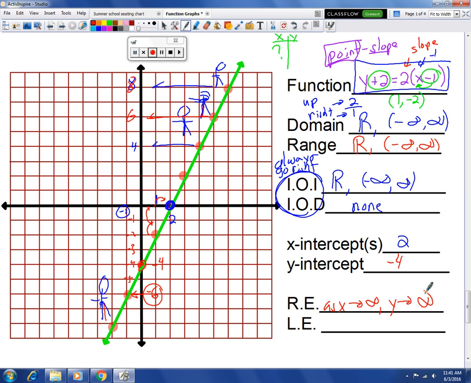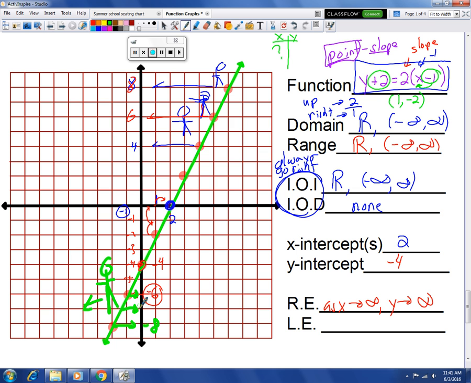Okay, left-hand behavior. Make him go the other way this one time. Make him go left. So this time you get a -6, and this time you get a -8, and you'll get a -7.